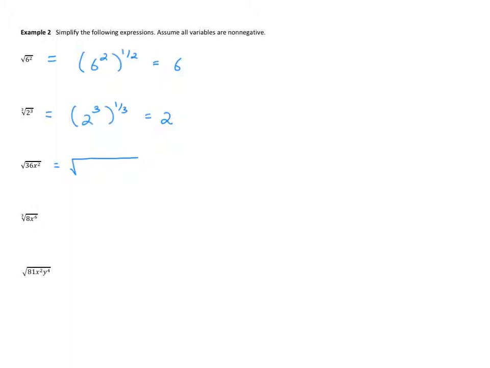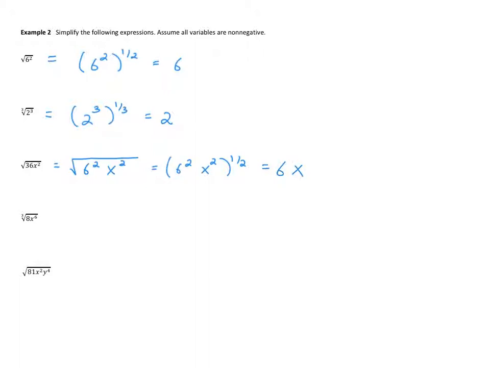I know that 36 is 6 squared, and x is already set up, so I have an exponent of 2. At this point, we could write this as 6 squared times x squared, all to the 1/2 power. The next step would be to divide each exponent by 2, and that leaves us with an answer of 6x.